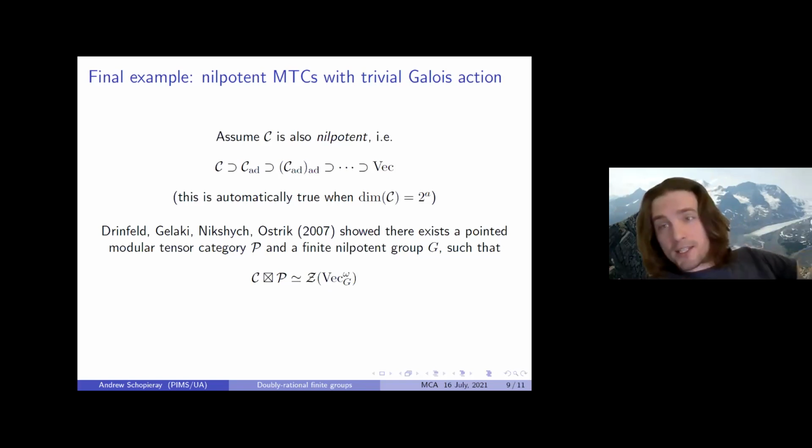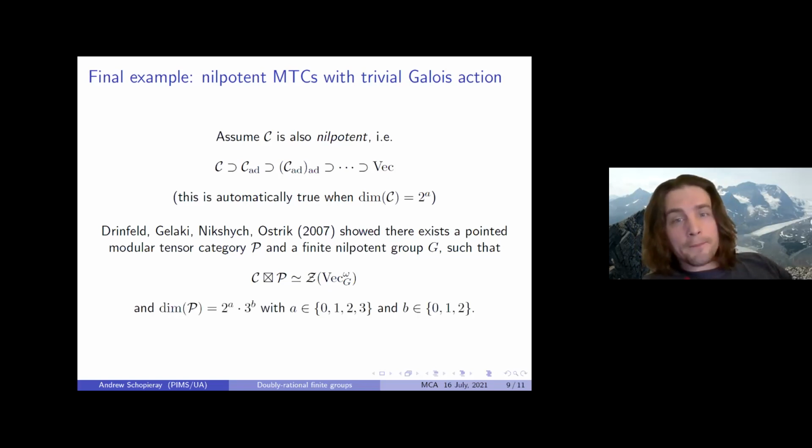Some people call this the twisted double of the finite group. And the almost part is that we may have to tensor our category with something which only consists of invertible objects. But we don't have to look too far. So in fact, in the case of these categories with trivial Galois action, you can cut down the dimension of this pointed category to just 12 different dimensions.